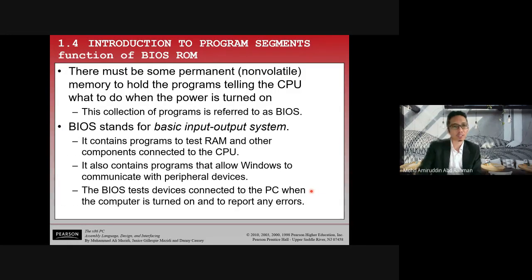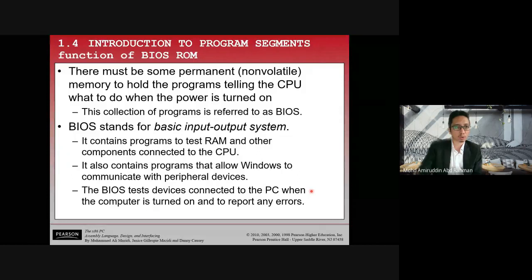The BIOS stands for the basic input and output system. It contains a program to test the RAM, to check whether the RAM is in good condition or not, whether it has bad sectors or not. If we have bad segments, then how can we avoid using that location? It will also test other components connected to the PC.